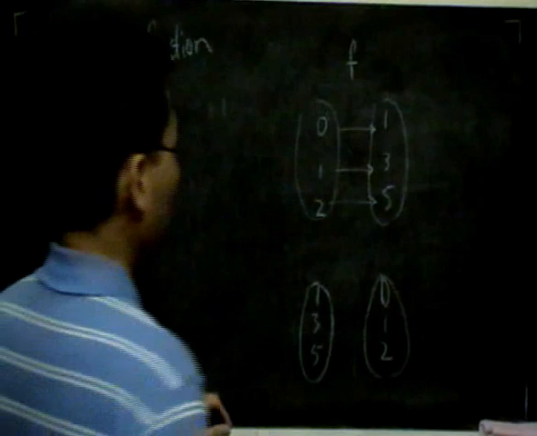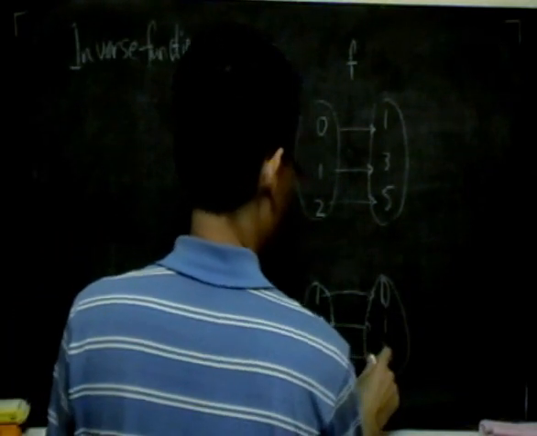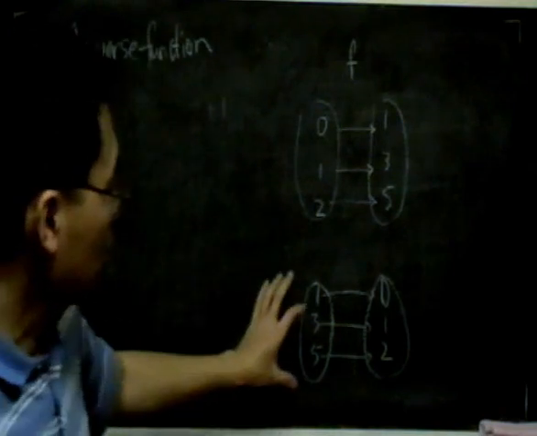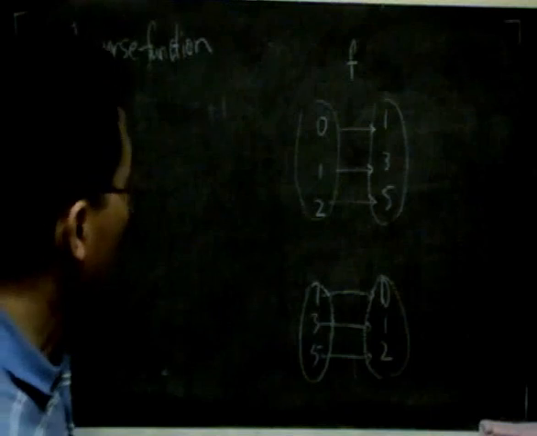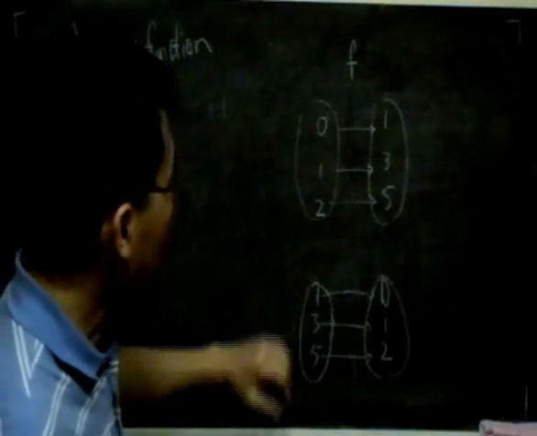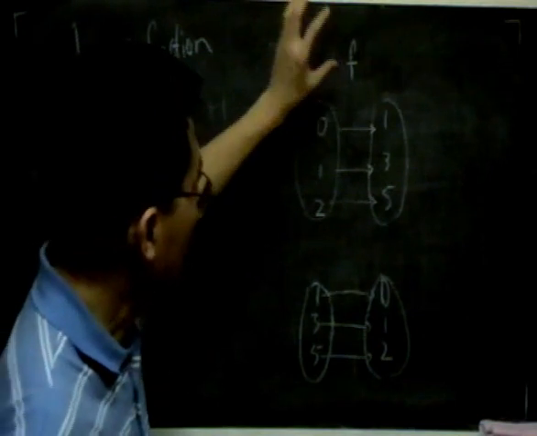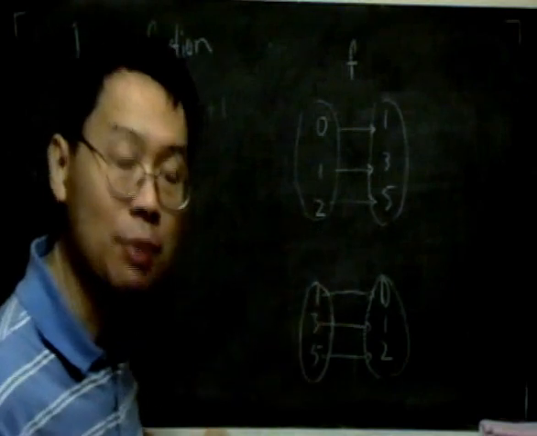So I want to look at a mapping which goes from 1 to 0, 3 to 1, 5 to 2. So clearly, this is the same thing but in reverse. Okay? And clearly there's a connection between this mapping and this mapping.